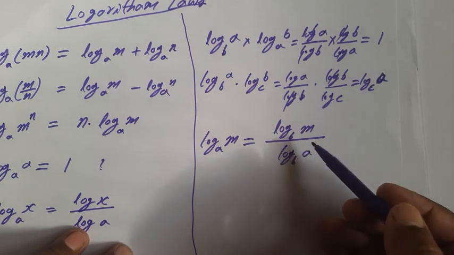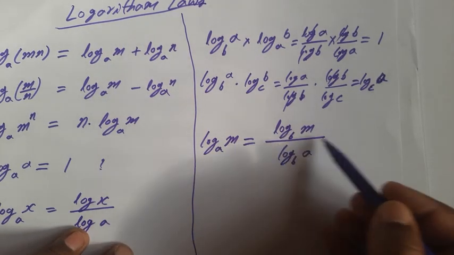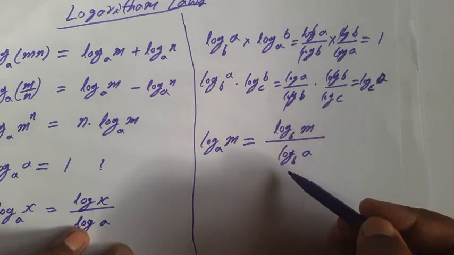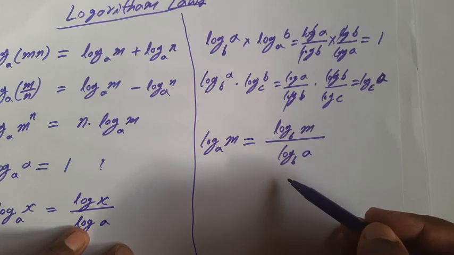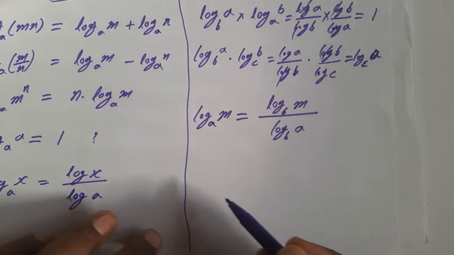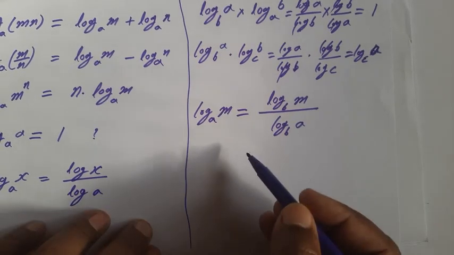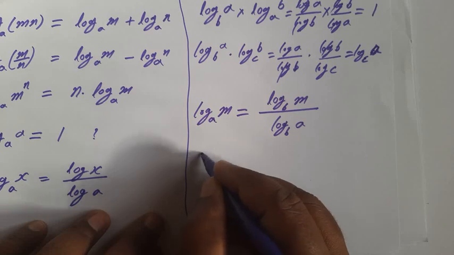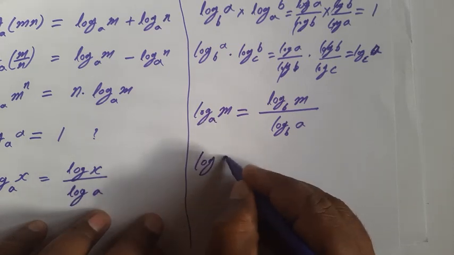See, if you put log m by log b divided by log a by log b, if it is reverse and it cancels, again we will get log m by log a. So we can write this one as log m base a. It will be useful in solving some problems. And one more, the same this only.